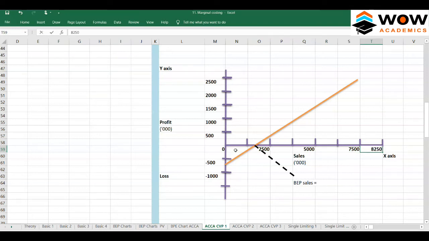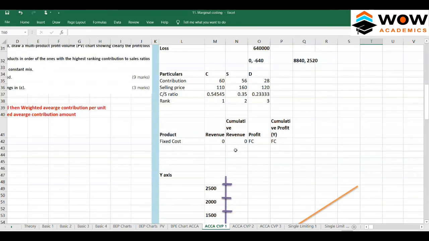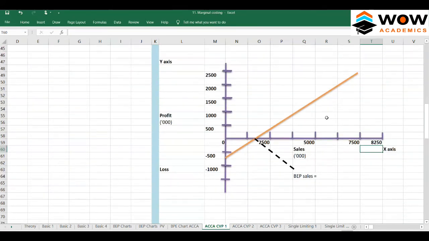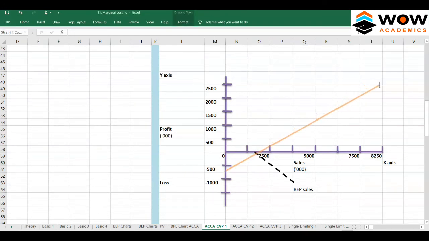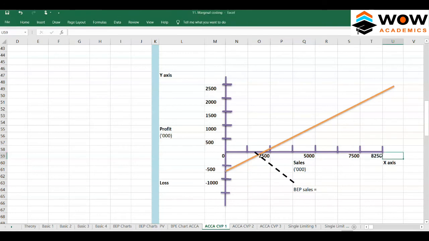Our coordination point was 8,840, so I think it will go beyond our line.